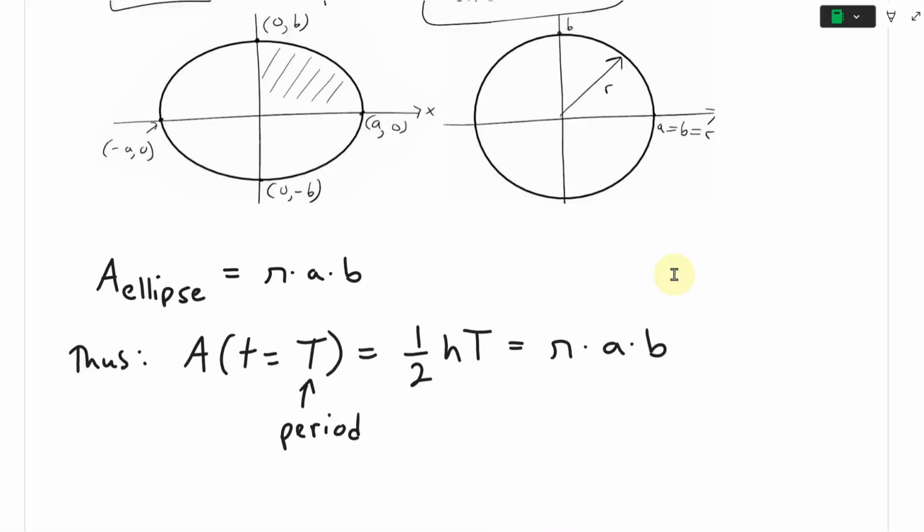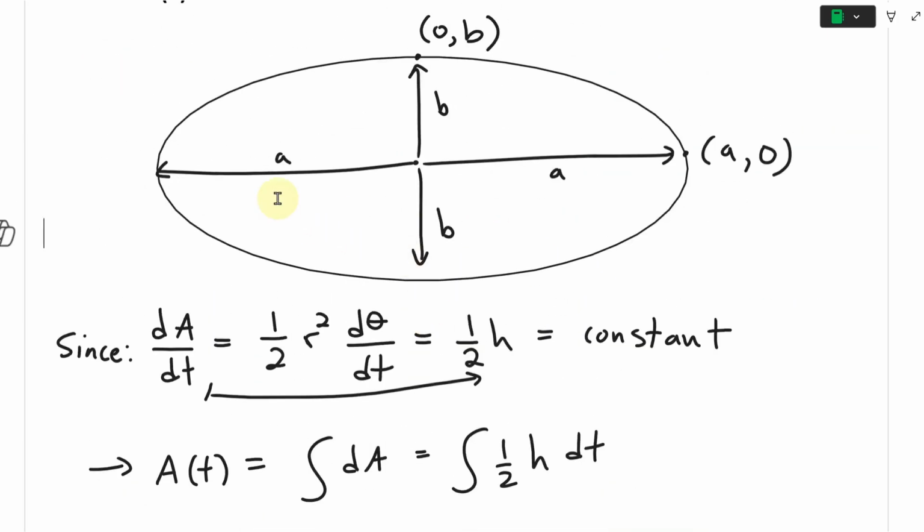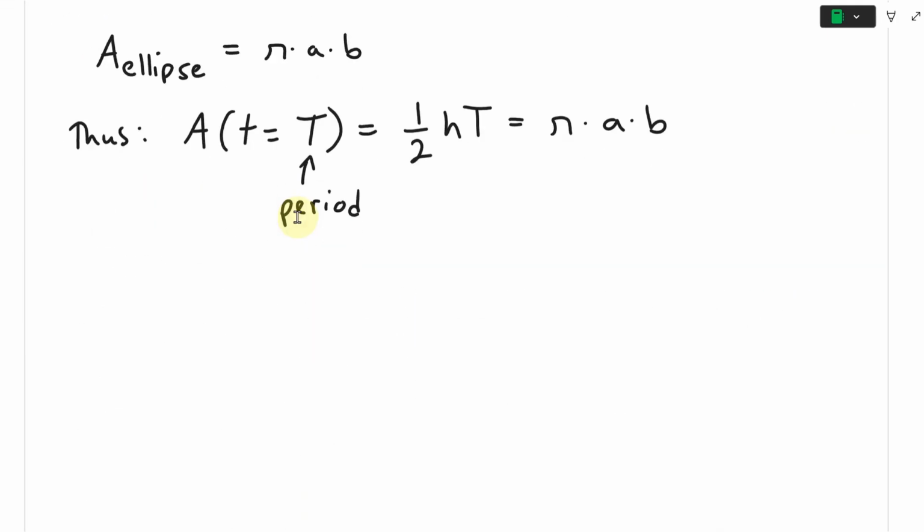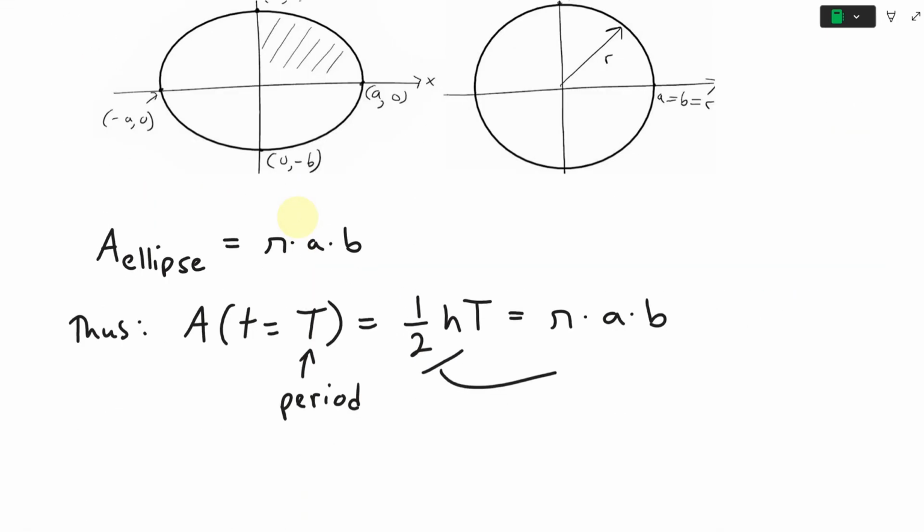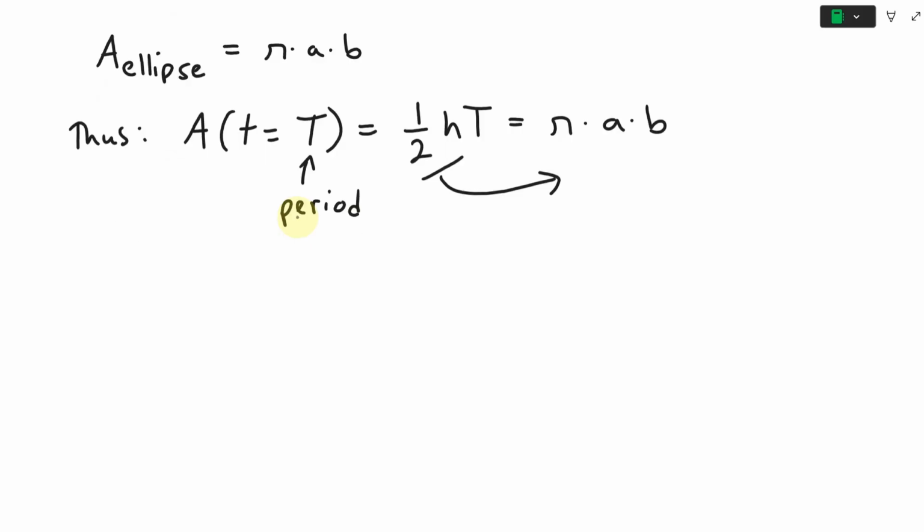All right, so going back over here, I just moved it to the center there. But anyways, what we have now is we move this over there and solve for T. We get T is equal to, the 2's go on top, so 2, and then divided by h. So we're going to get 2 pi a b over h.